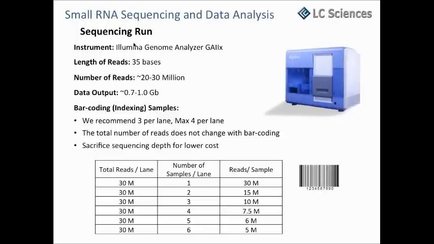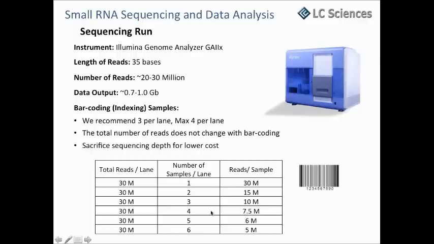So you can run multiple samples in one lane, but of course, as shown in the table here, you have the 30 million reads maximum. Typically, that's the constant, and then you have to divide the 30 million by the number of samples in that particular lane, and then this gives you the overview of how many reads per sample you can expect.